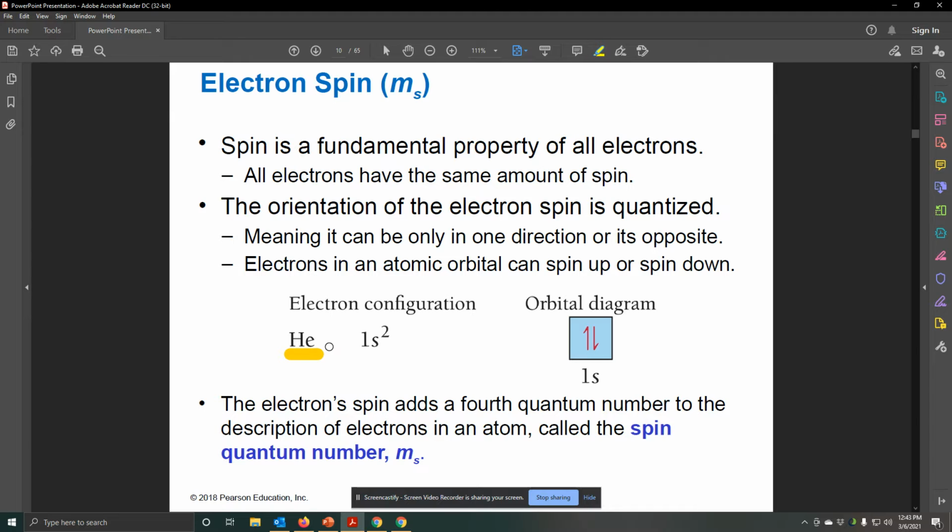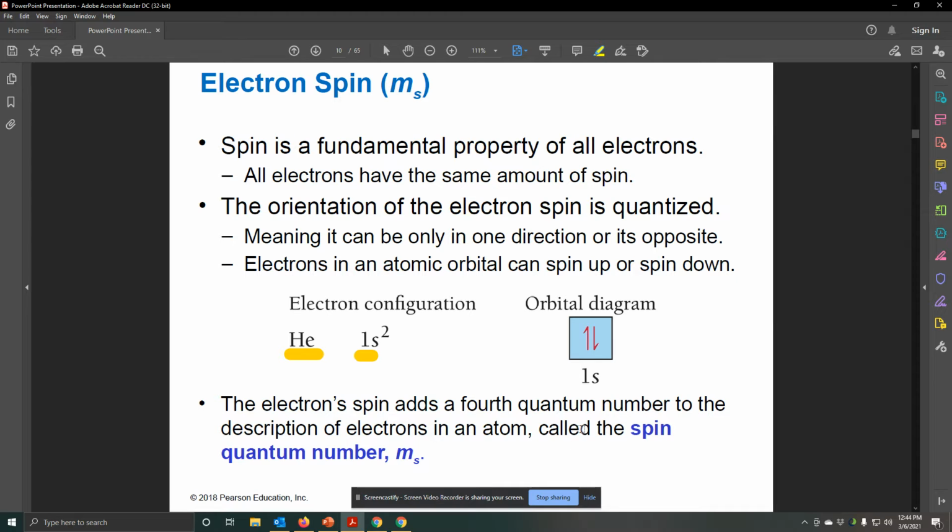So for helium, the electron configuration is going to be 1 for the shell, and then s, because it's the only s, and then both electrons will go in there. Remember, our S subshells can hold 2, our P subshells can hold 6, D can hold 10, and F can hold 14.